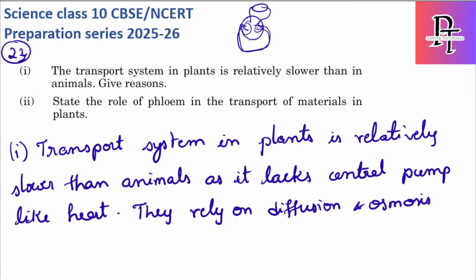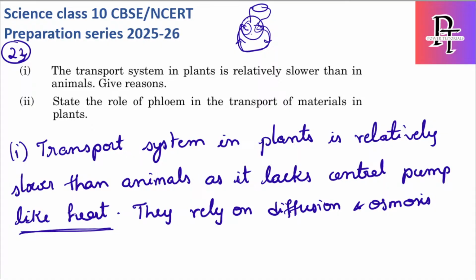What is happening here? The heart is pumping with high pressure, collecting from all body parts and sending to all body parts. Due to this, the pressure is high, so the transport is also fast. What about plants? In plants it is slower because they lack a central pump like the heart. We have to underline the most important points because invigilators get very little time to correct your answers.